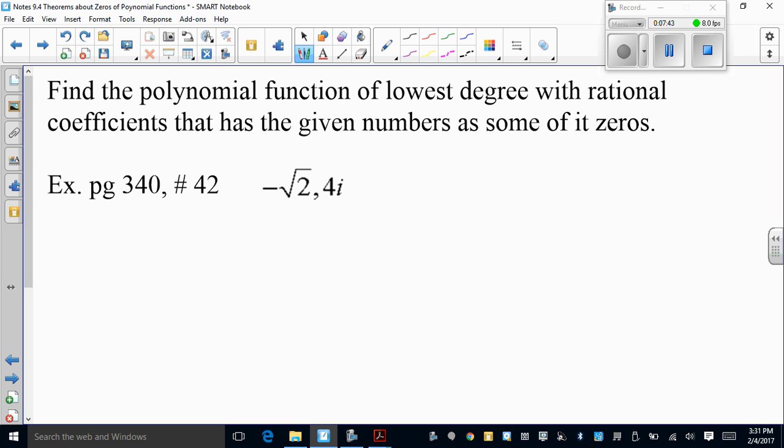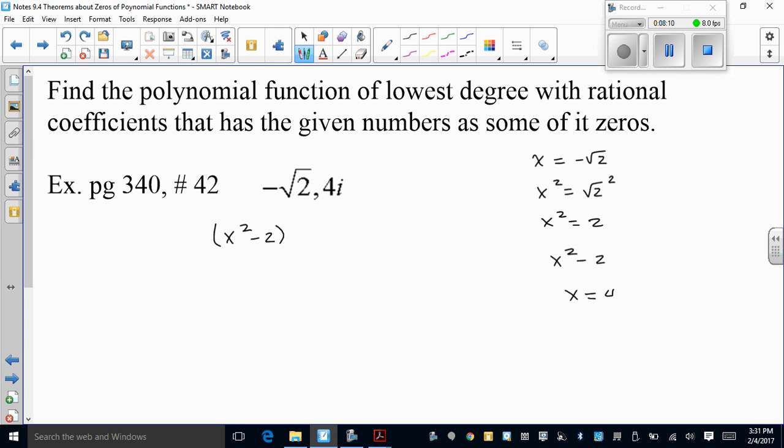So x equals negative radical 2, square both sides, x squared equals radical 2 squared, which gives us x squared equals 2. Move it to the other side, we have x squared minus 2. There's our first factor. Now the 4i. x equals 4i.